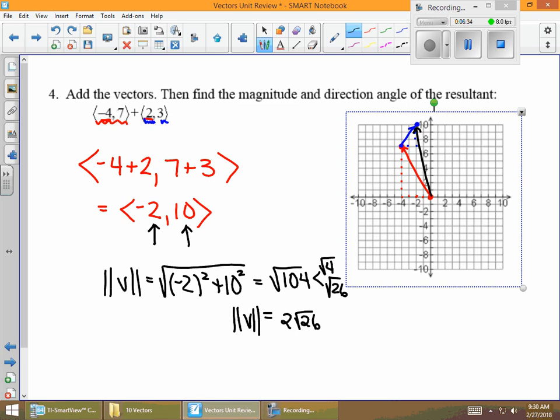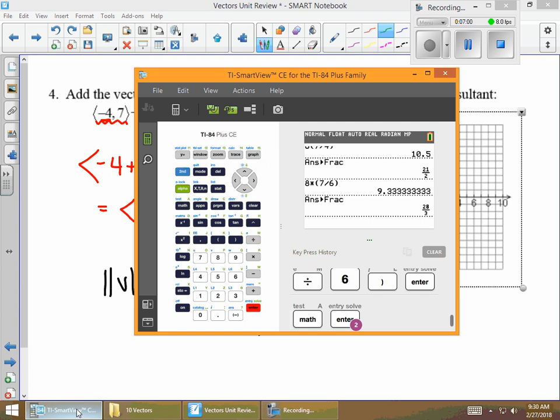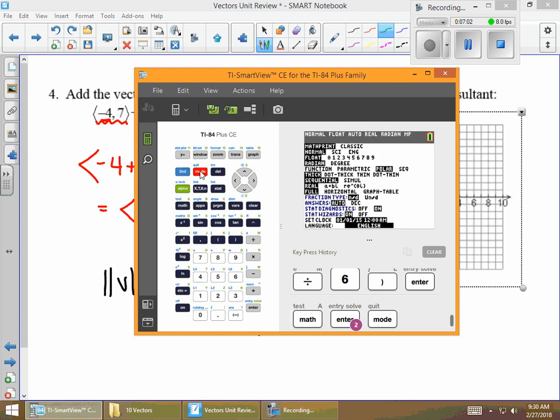Last piece is our direction angle. We're going to use our tan of our vertical component divided by our horizontal component. The thing with your calculator in this unit that's different than all of our others is you want to be in degrees.